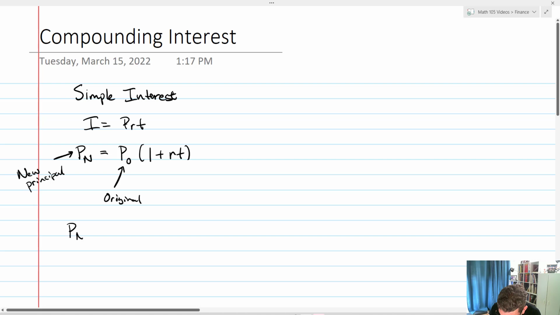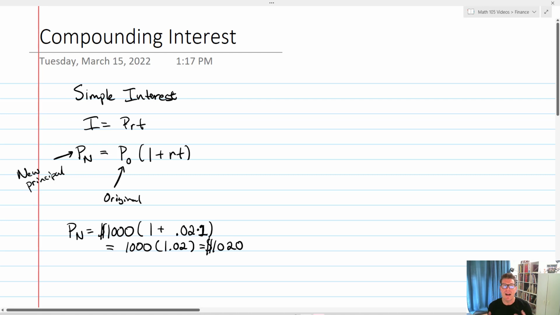my new principal PN, and we'll take $1,000 to start with, I'll multiply that by 1 plus 2%, 0.02 times the 1. That's going to be 1,000 times 1.02, which ends up equaling $1,020.